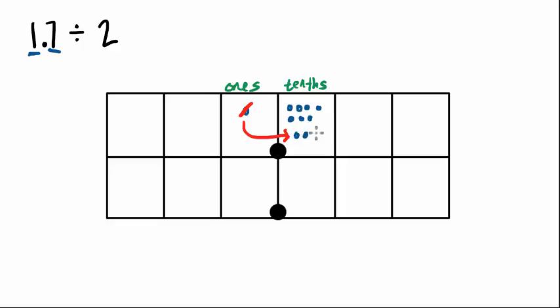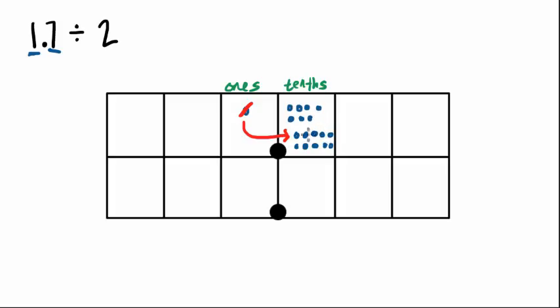So we're going to add 10 tenths, right? And then the question becomes, how many are going to be in two groups where we have an equal amount in each of the two groups? So let's circle that. So in this case, we have 10 plus 17.